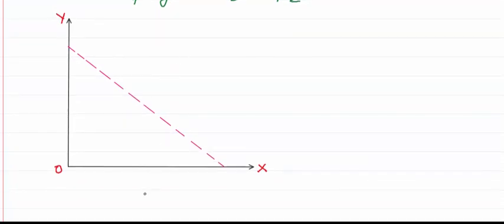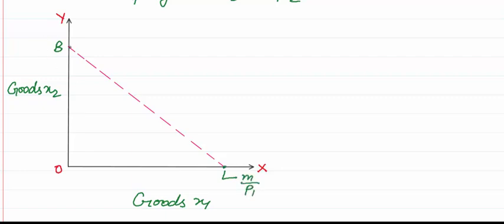So let's see how the budget line of the consumer is going to react. In this graph, we will take good X1 on the x-axis and good X2 on the y-axis. We have the budget line given as BL, with the intercept at point L as M by P1 and the intercept on the y-axis as M by P2.